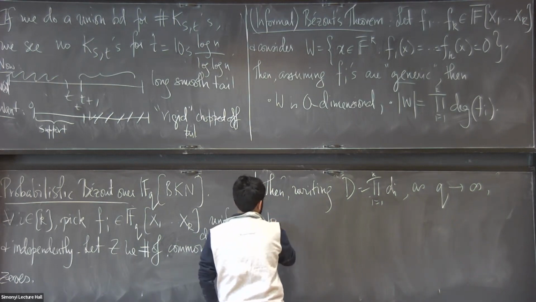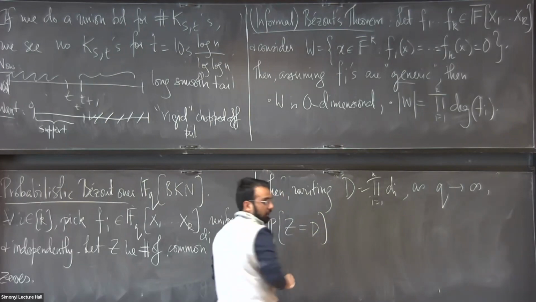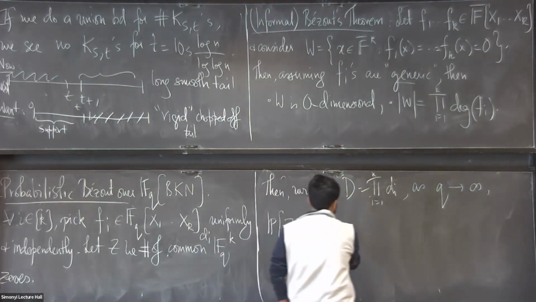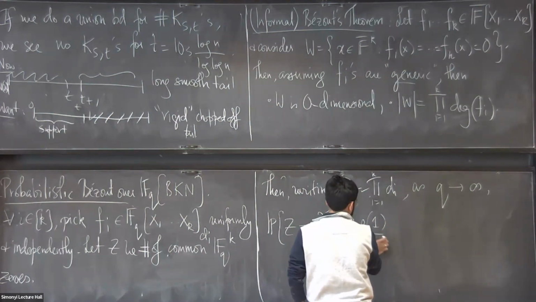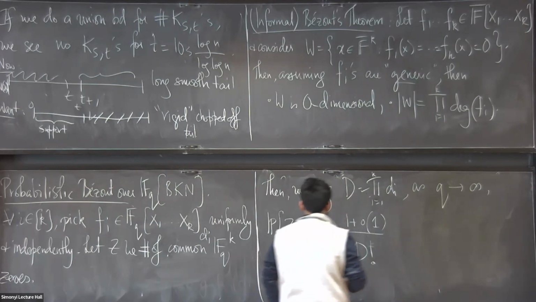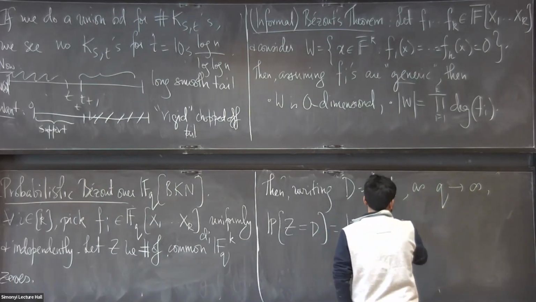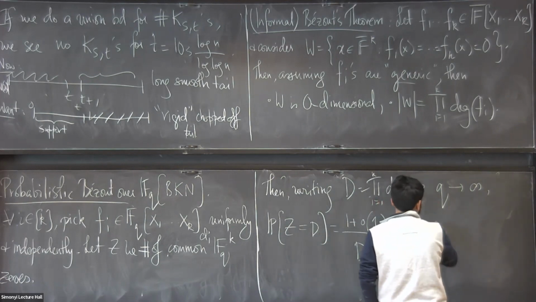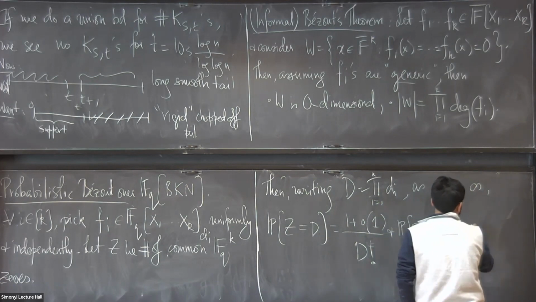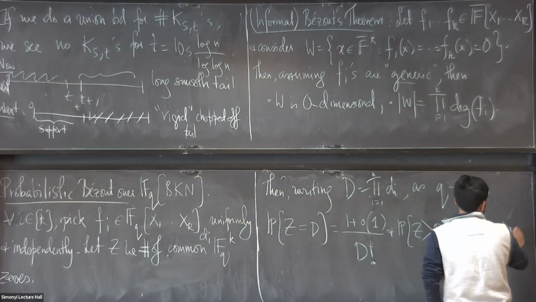The probability that Z equals D, for example, is exactly what you think it is, 1 over D factorial, more or less. Whereas the probability that it's any bigger is now tiny, on the order of q to the smallest of these degrees.